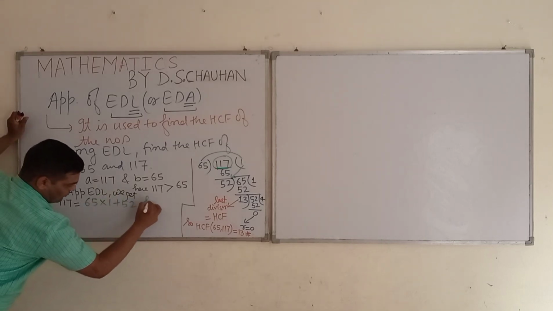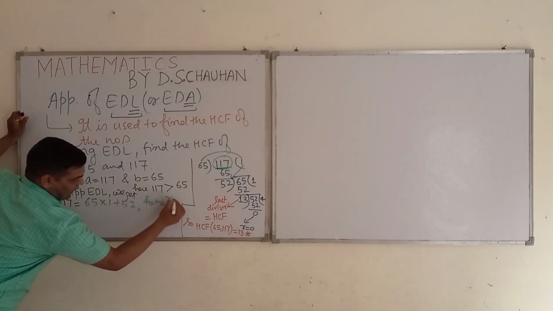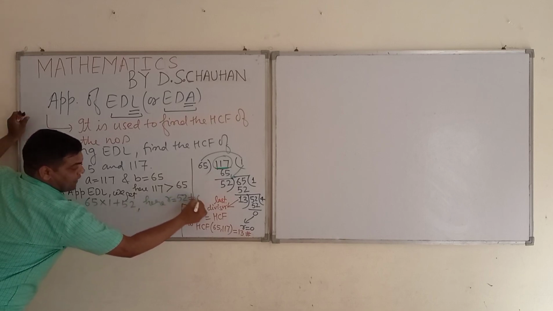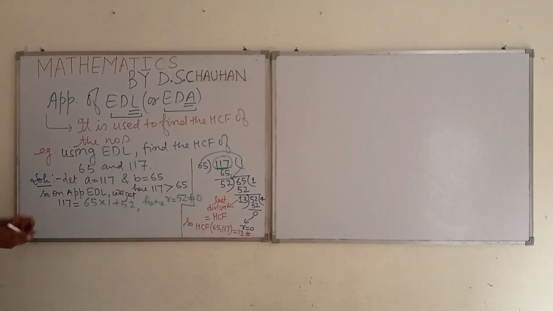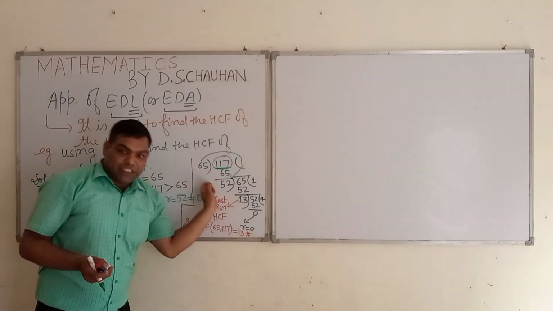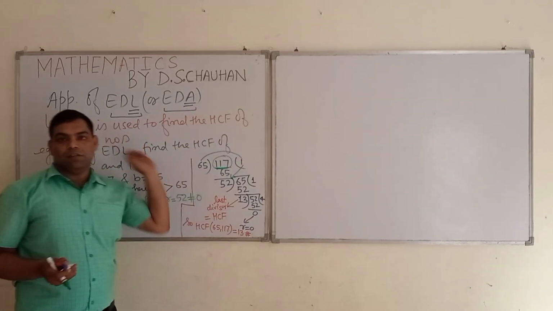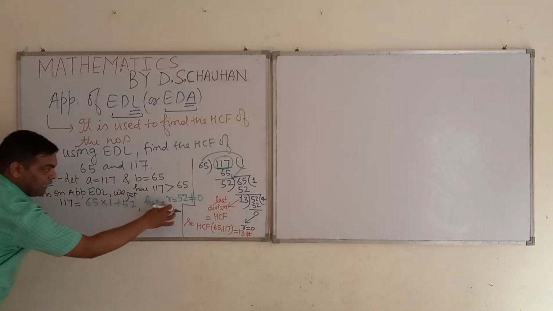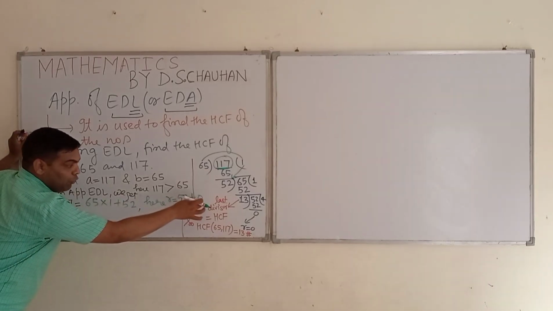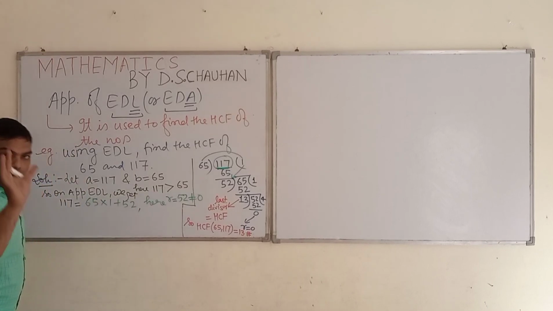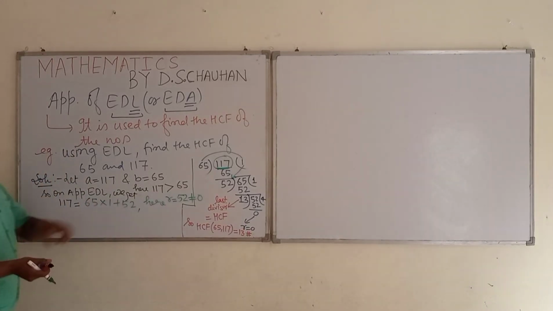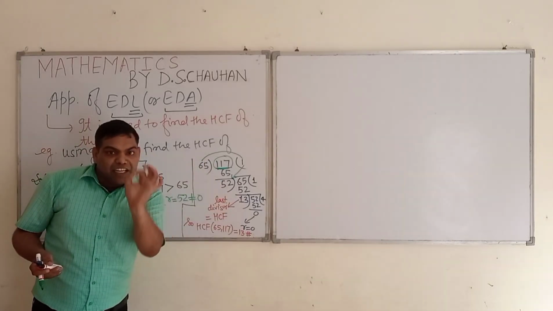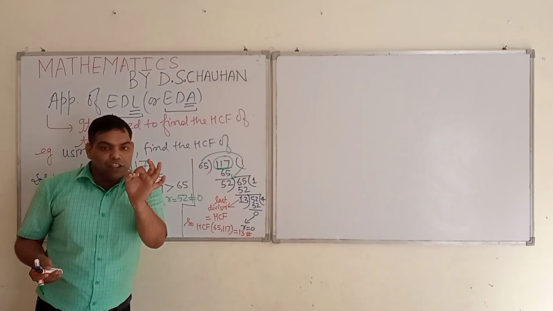Here remainder R is 52, which is not equal to 0. We will keep continuing this process until the remainder comes out to be 0.